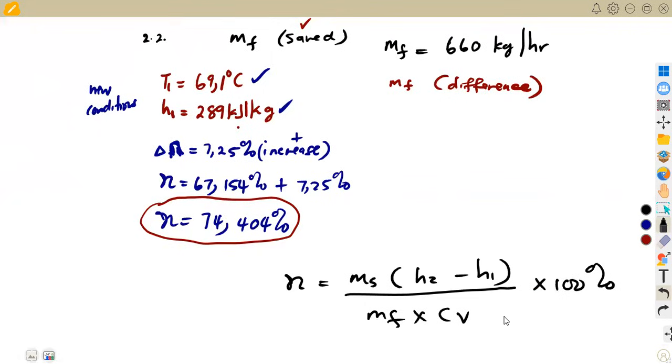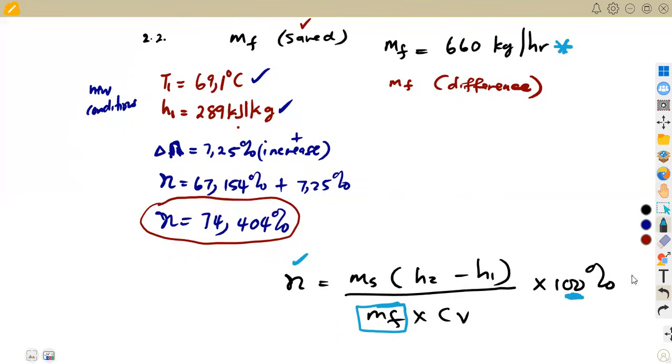So meaning to say, what we are going to do is to have everything considered on our information so that we can calculate the mass of fuel at these conditions. We want to determine this because we have this originally, so we want to determine at this condition what is going to be our value. All right, the efficiency 74.404.